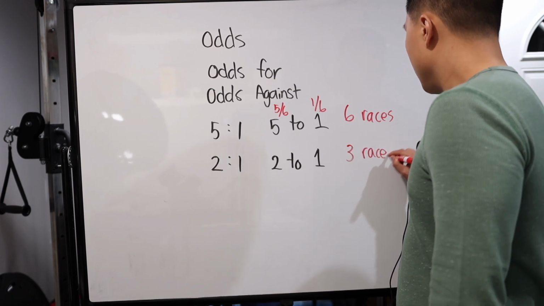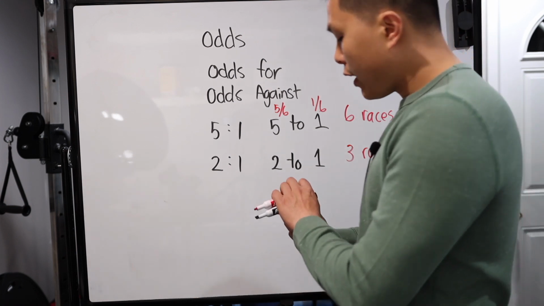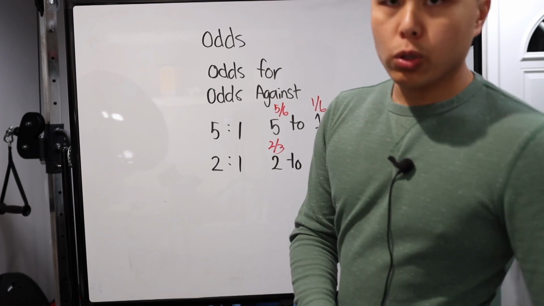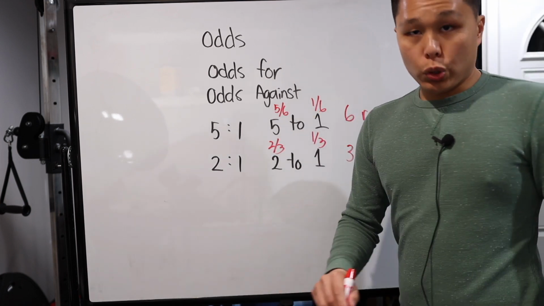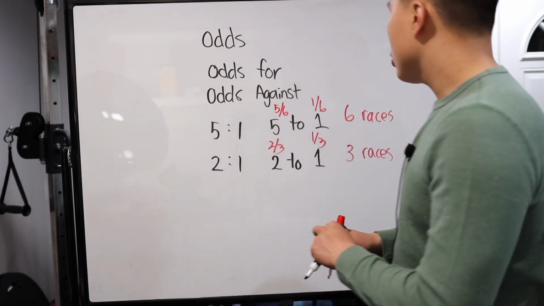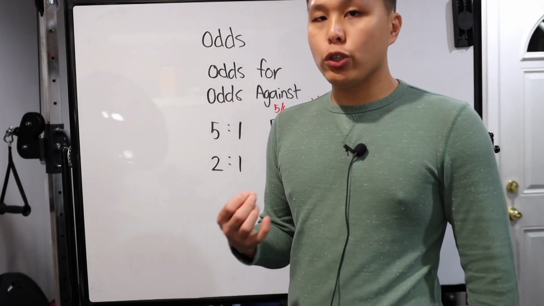In those hypothetical 3 races, that means the odds favor that dog or horse winning 2 times out of 3, and losing 1 time out of 3, right? So that's a way that they obscure the probability, obscure your true understanding of what you are betting.